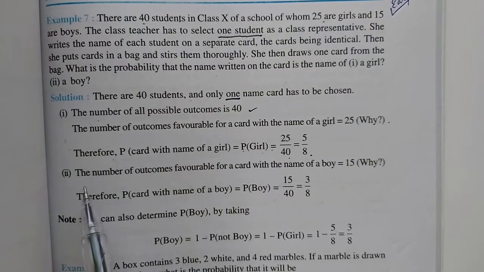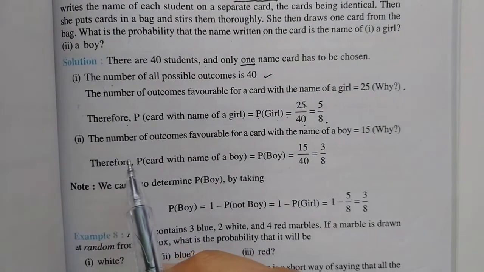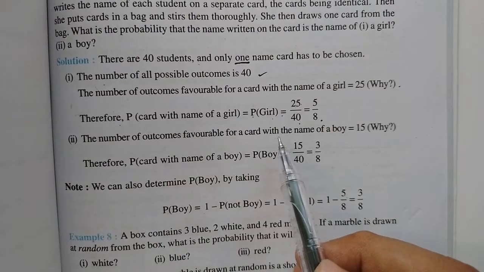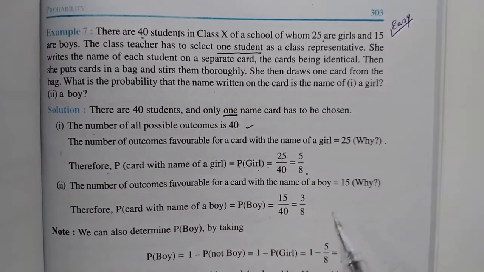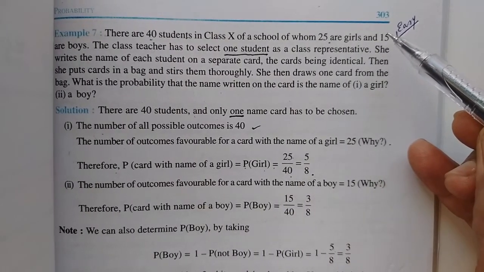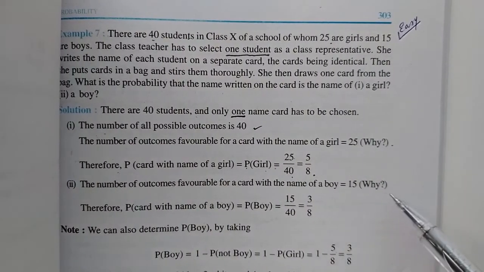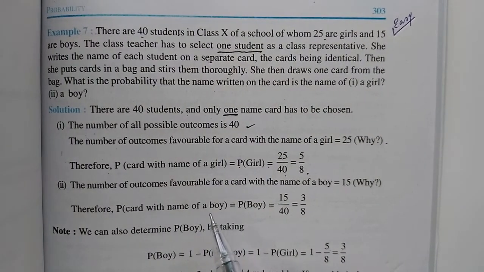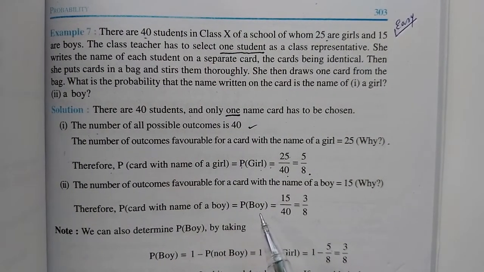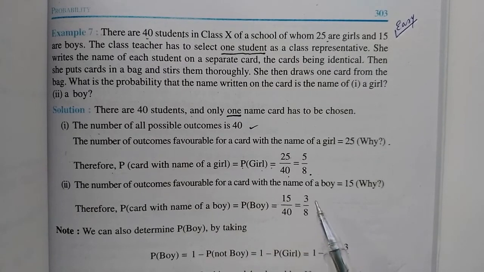Now children, next, the number of outcomes favorable for a card with the name of a boy is 15, because there are 15 boy students. Therefore, the probability of a card with the name of a boy, P of boy, is 15 by 40, that is 3 by 8.